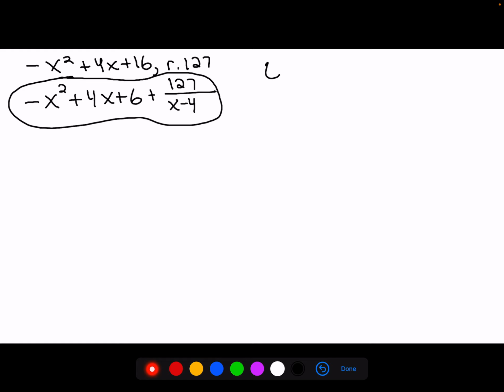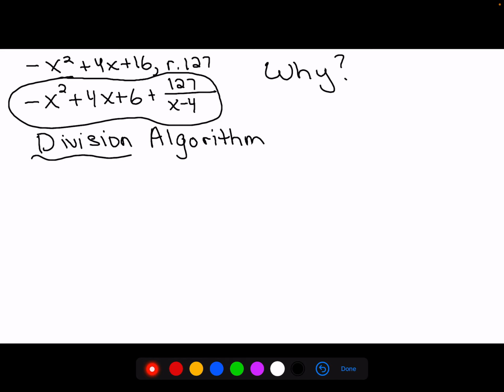Why can we do this? Well, we have something called the division algorithm. You have f of x and g of x, which are polynomials.